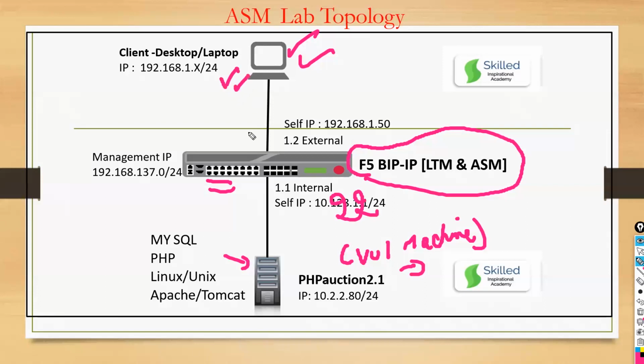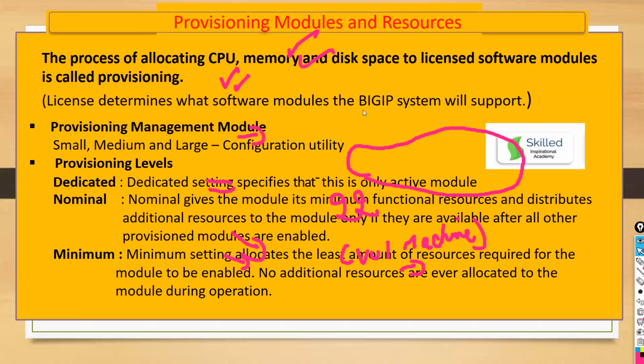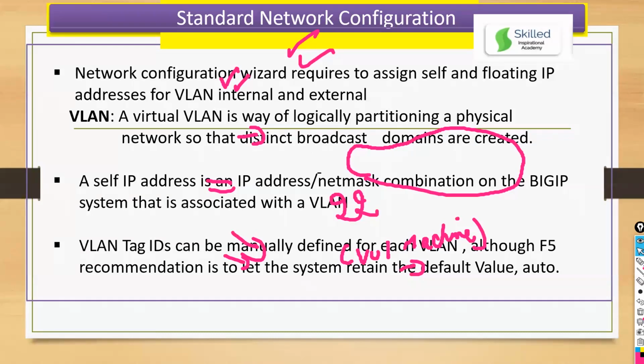I will have one client, I will have F5, and I will have one vulnerable machine where I will be performing different attacks, and I will show you how to protect from those attacks, guys. That is the topology which I'll be using. And this one I will discuss later on about network and all.